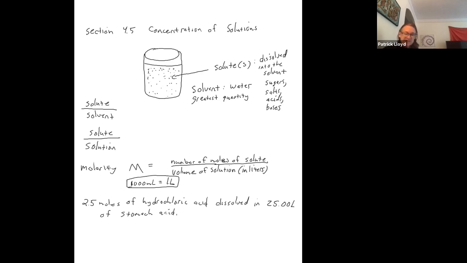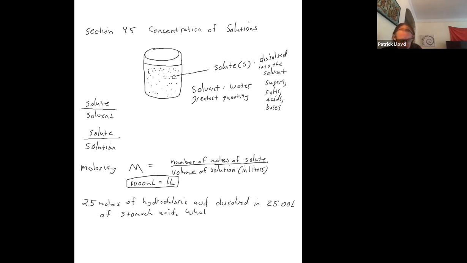Hydrochloric acid is the active ingredient in gastric juice that is partially responsible for dissolving things in the stomach. The stomach's pretty acidic usually. So suppose we have 2.5 moles of hydrochloric acid dissolved into 25 liters of stomach acid. That's a lot of stomach acid. That'd be more than one person.